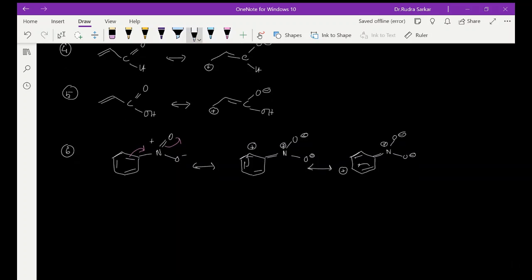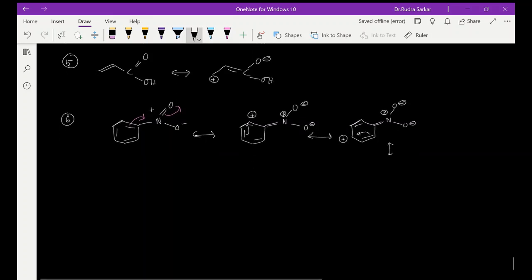And if you were to do one more structure, eventually what you can conclude is that because of the nitro group being present on the benzene ring, some amount of residual positive charge is being created on the ortho and para positions, that is the 2, 4, 6 positions of the phenyl ring.